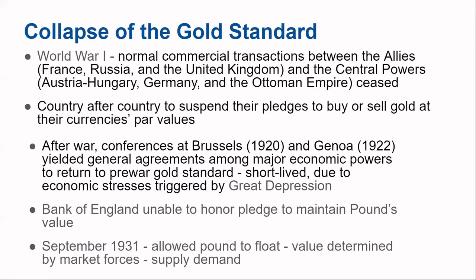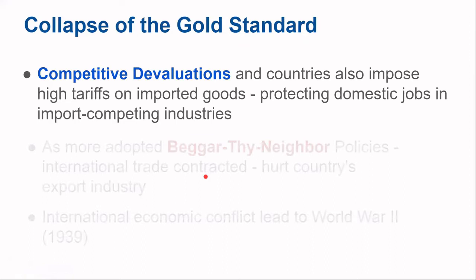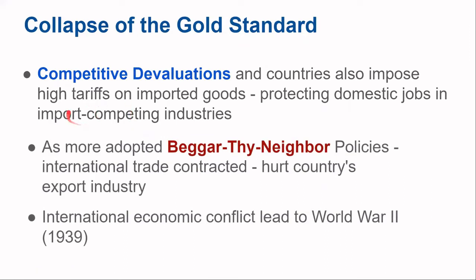This is what we call beggar thy neighbor: competitive devaluations. Everybody was trying to devalue their currency and impose high tariffs to protect domestic jobs. As more countries adopted these beggar thy neighbor policies, international trade contracted, and it hurt a lot of countries' export industries.